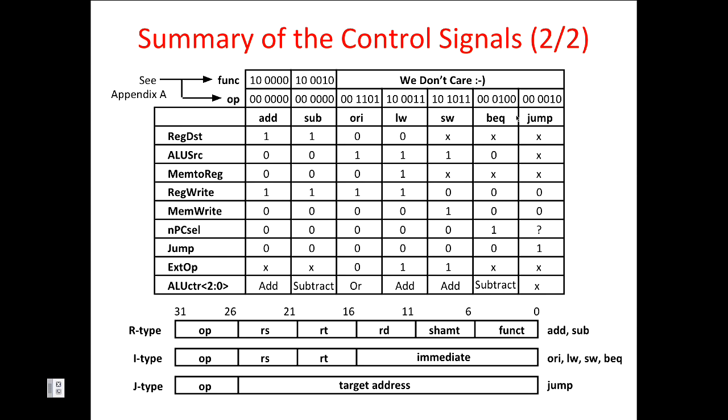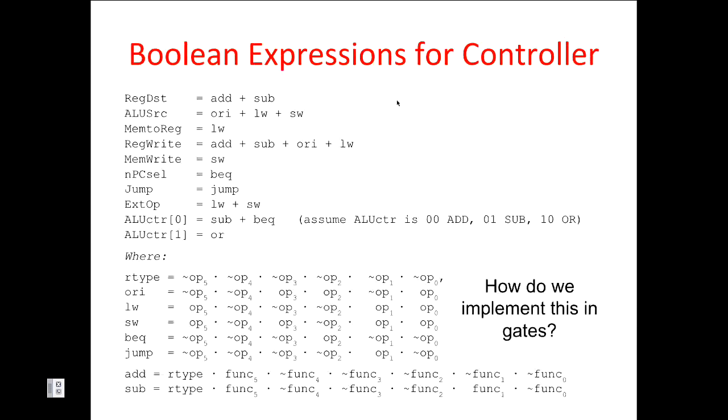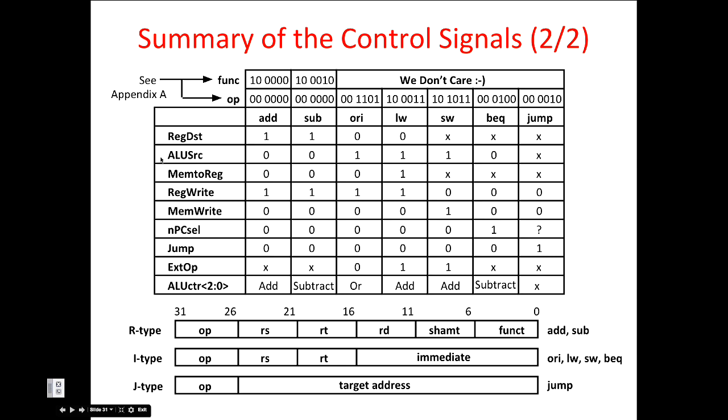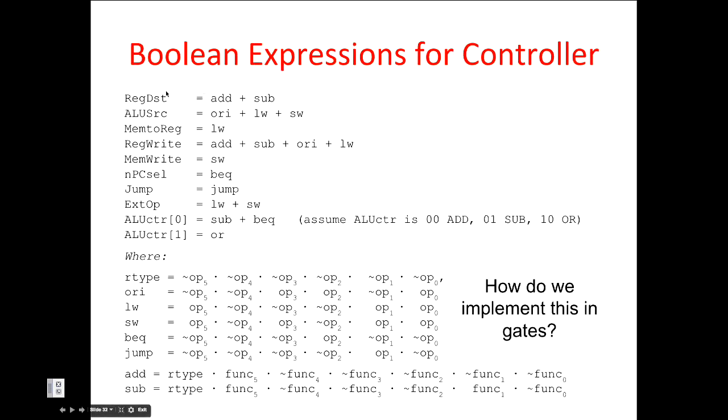So if I write this out as a Boolean expression, what I get is that regdest equals add or sub. Similarly, for ALU source, here I see it's going to be ORI or load word or store word. So if we go back here, ALU source was a 1 for ORI, for load word, and store word, and a 0 or don't care elsewhere. So that's what ALU source is here.